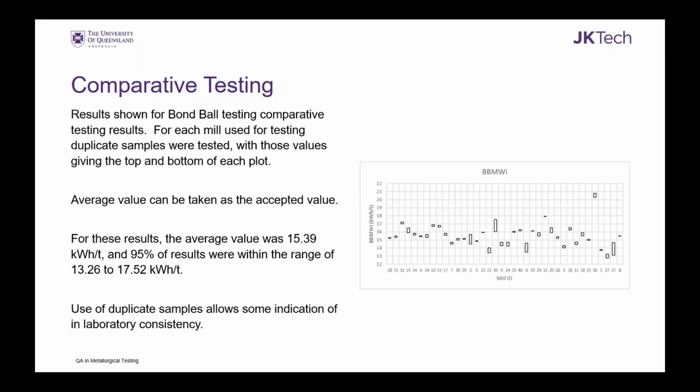We use duplicate samples in our round robin because that allows a more thorough analysis. It lets us tease out how much of that variance, how much of the error comes from just the test itself, and how much comes due to differences from one lab to another.